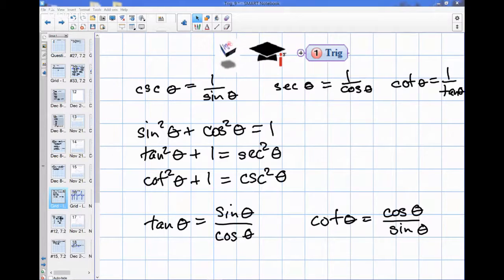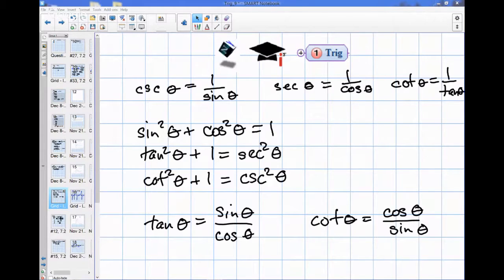Except, for example, if the sine of theta is 0, and where does that happen? It happens when we're at 0 degrees or 180, or any multiple of those. Then the cosecant, which is the reciprocal, can't be done, because you can't take the reciprocal of 0. But except for those undefined situations, these things are always true.